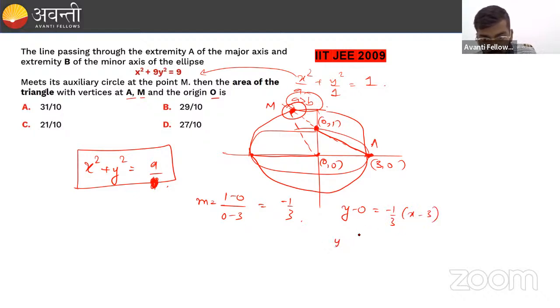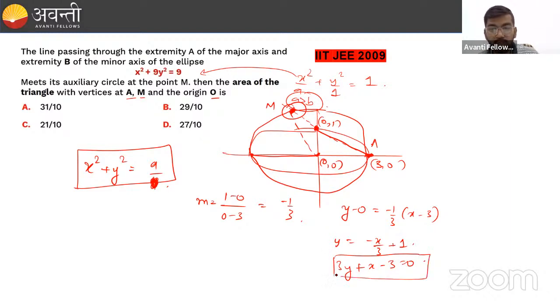So this becomes y equals minus x by 3 plus 1, that is, 3y plus x minus 3 equals 0. So you put this and the circle equation together, and then you find the values of x. You will get two values, meaning this point and this point. You can use any value since both are symmetrical. Okay, let's move ahead.